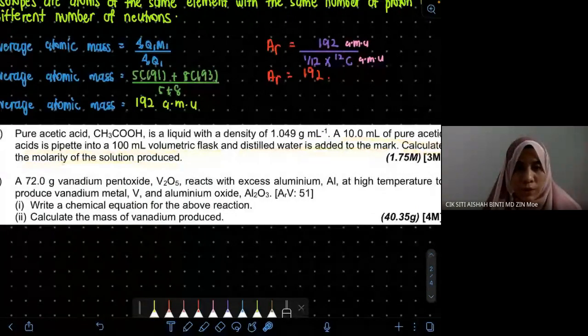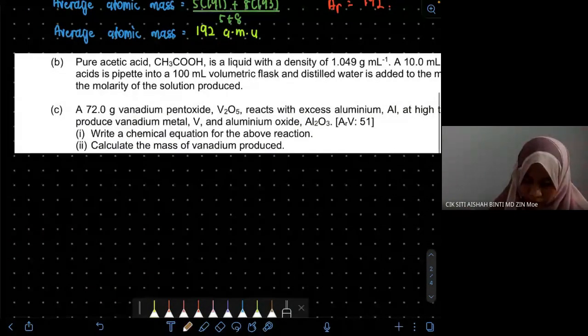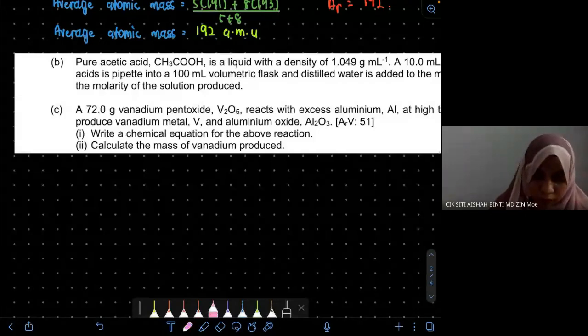In this question, it's important to know what is solute, what is solution, and what is solvent. Miss wants to explain how question B works. You have your volumetric flask.